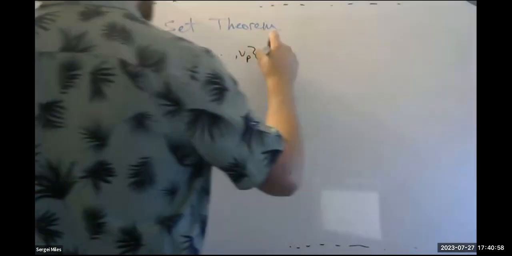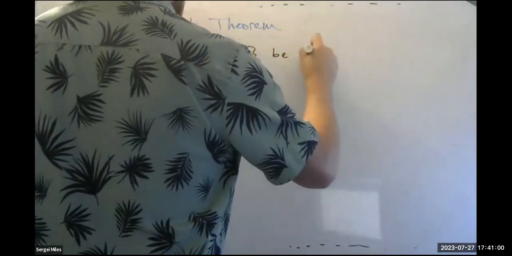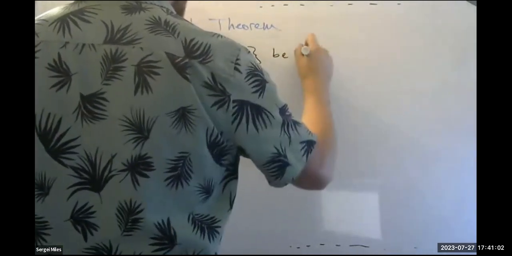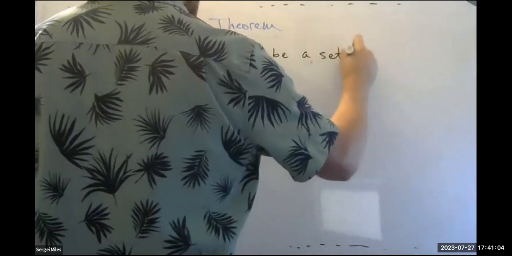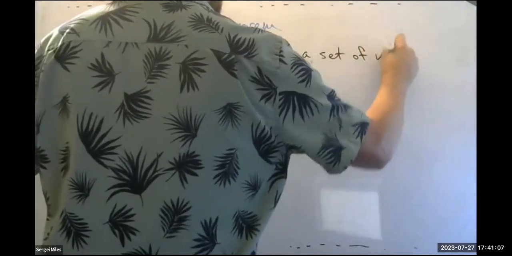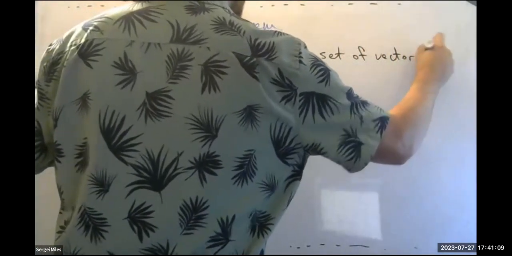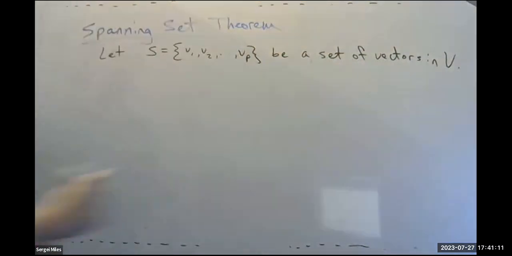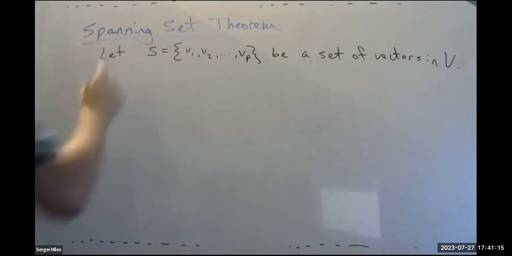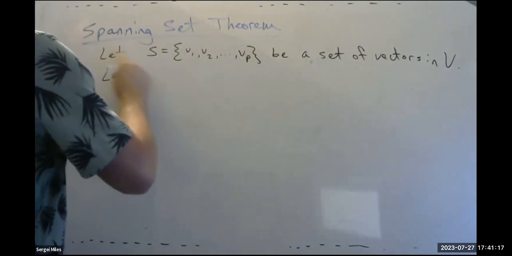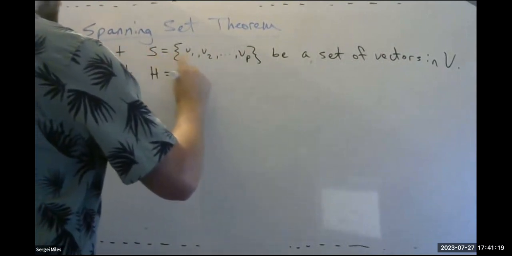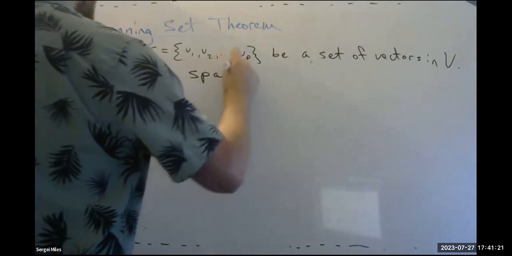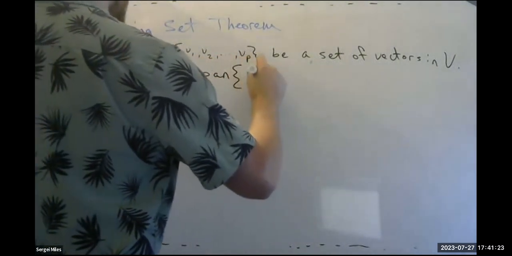And let S be a set of vectors in V, where V is our vector space. Great. Now, let H equal the span of these vectors.